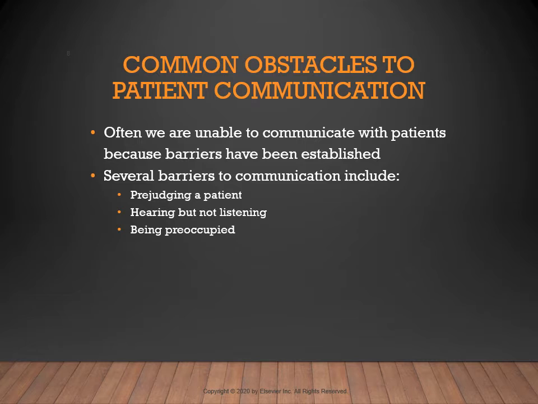It could be the way the patient dresses or the type of car that they drive, and you should not be doing this. If you think certain things about that patient, you need to consciously be aware of your bias and do what it takes to not act on those judgments.